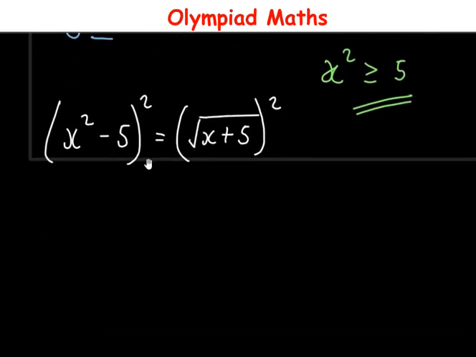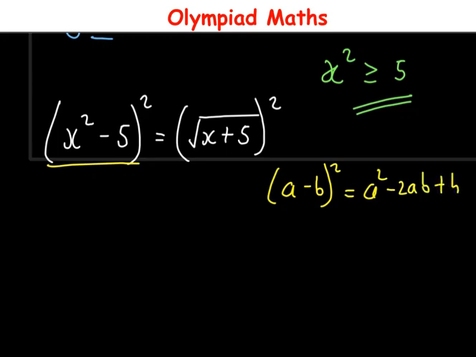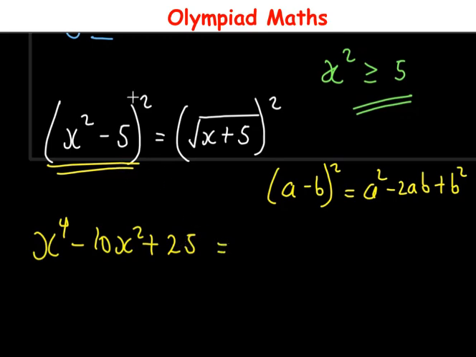Looking at this right here, it is simply in the form of a minus b all squared, and a minus b all squared equals a squared minus 2ab plus b squared. This then becomes x raised to power 4 minus 10x squared plus 25. And this is equal to, from here, square will cancel square root, and we are left with x plus 5.